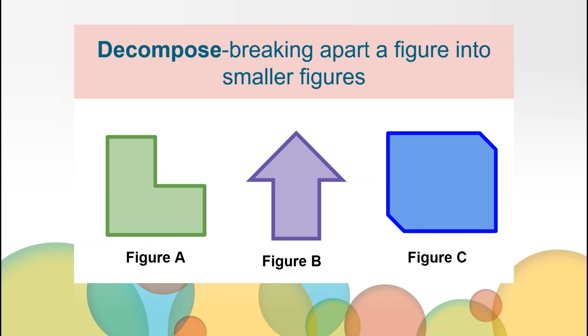Let's look at these figures and think about how we might decompose them or break them apart. Take a look at figure A. How might you decompose it to help you find the area?